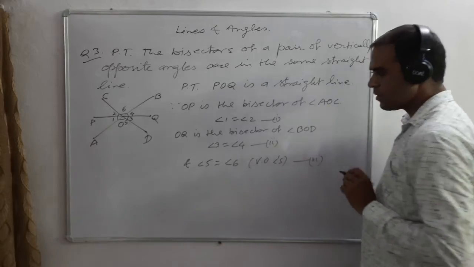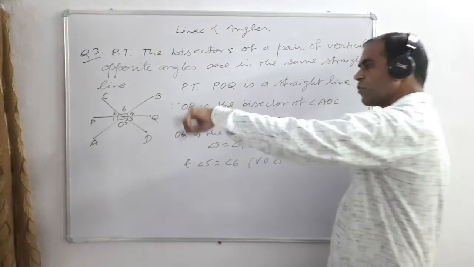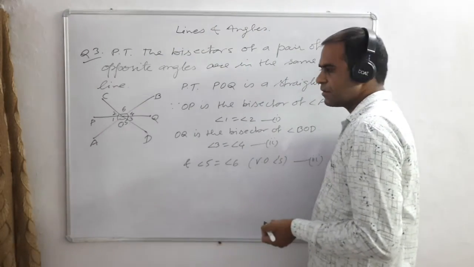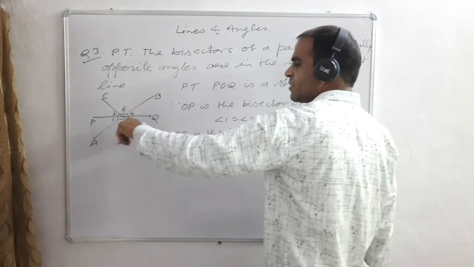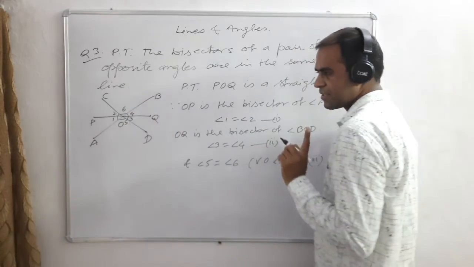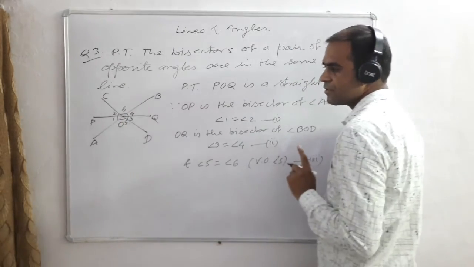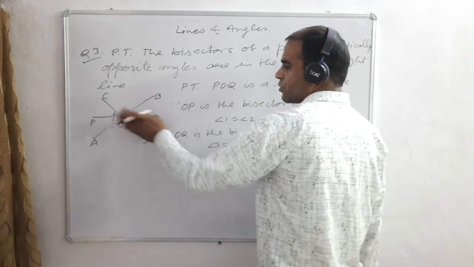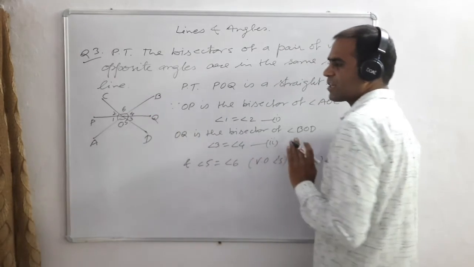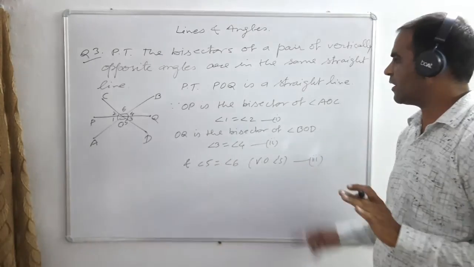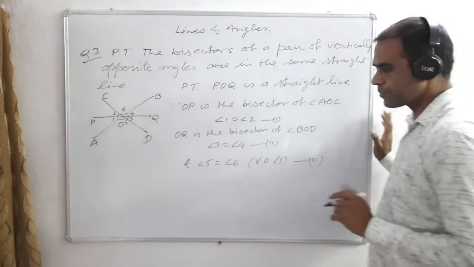Sum of all these six angles is 360 degrees. Sum of all angles is 360. We cannot use 180 because POQ is not given as a straight line. We will prove that.